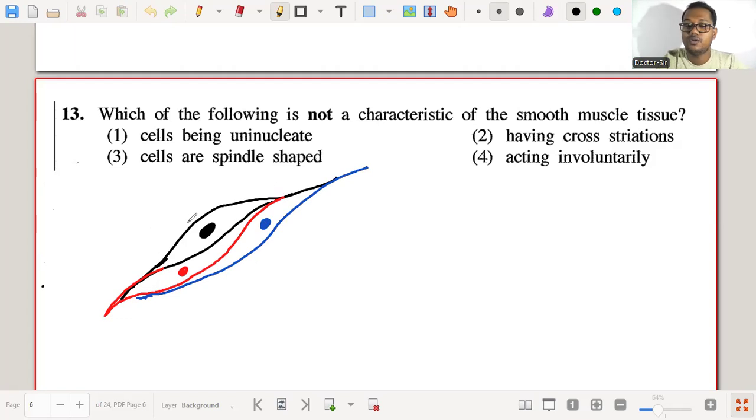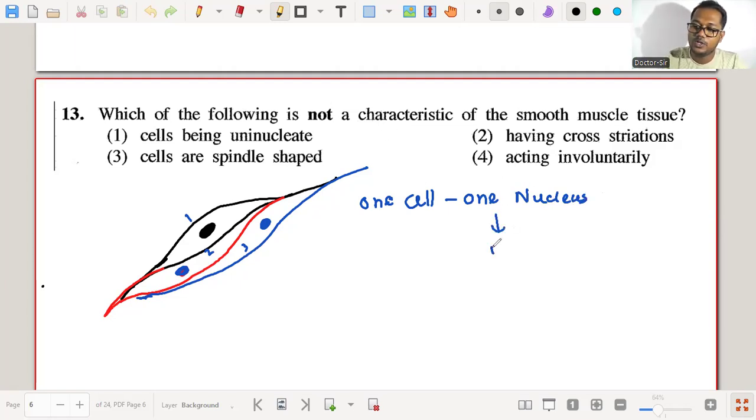I take one, two, three cells here. The shape is spindle shape. You can see one cell has one nucleus; these dark spots are nuclei. So these are uninucleated.